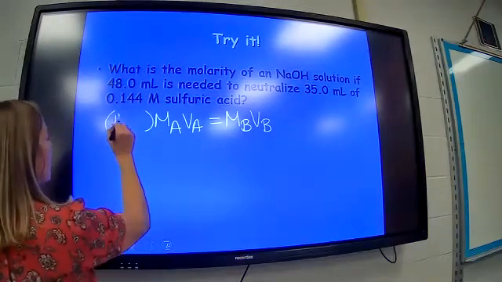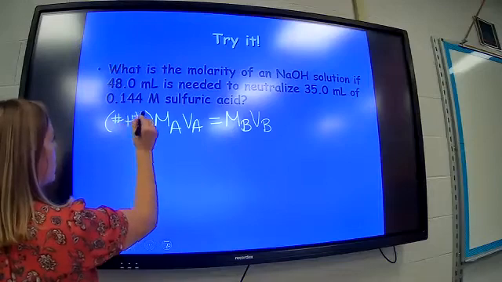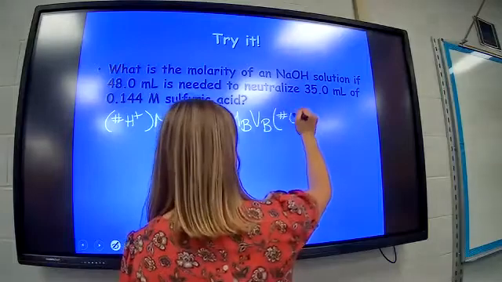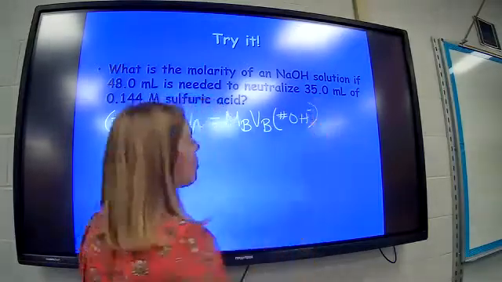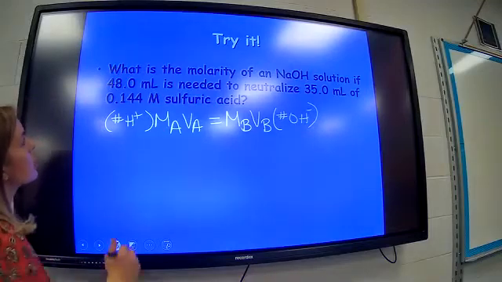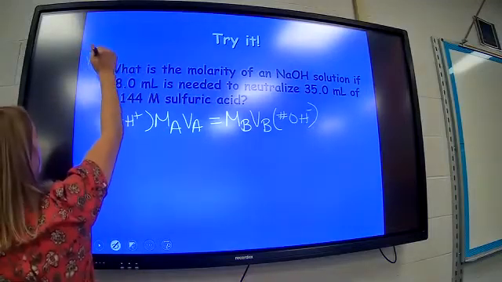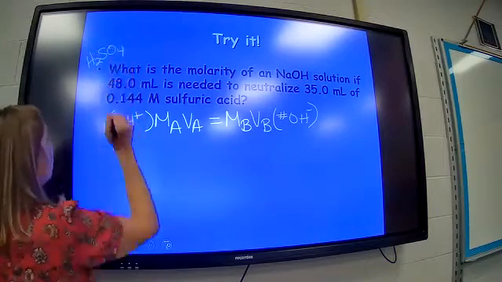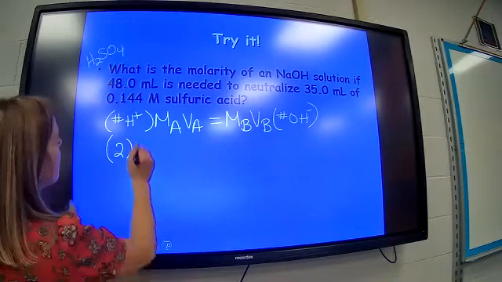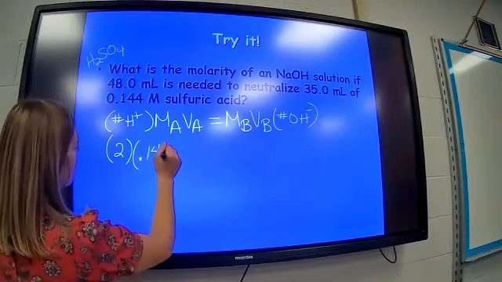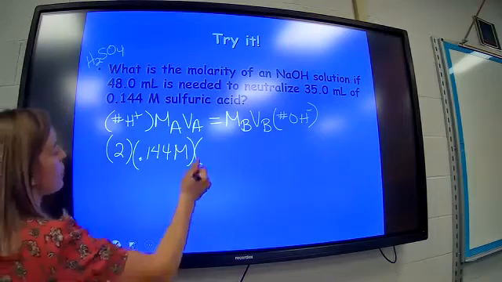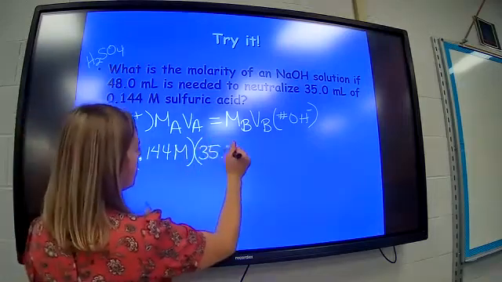We really need to multiply by the number of hydrogen ions present in solution and by the number of hydroxide ions present in solution, because the mole ratio would take that into account if we were writing out our reaction. So we have sulfuric acid. Sulfuric acid is H2SO4. So that would give us 2 hydrogen ions. The molarity of the sulfuric acid is 0.144. The volume of the sulfuric acid is 35 milliliters.